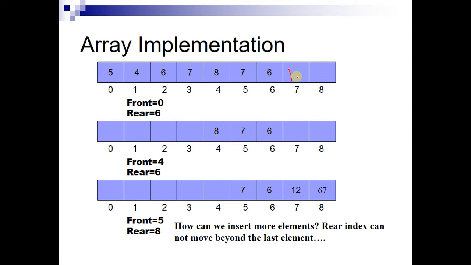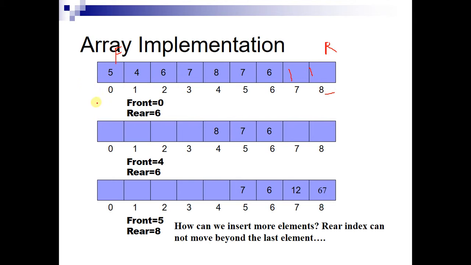So now front is here and rear is here. So rear plus 1 will be front. Now at this time rear is 8. 8 plus 1 becomes 9, but since it's a circular array, a circular queue, 8 plus 1 will become 0.